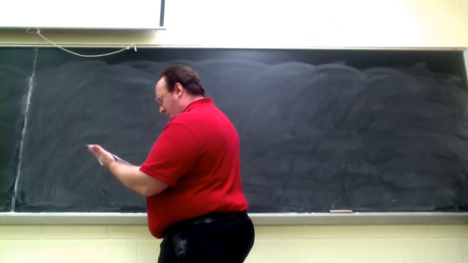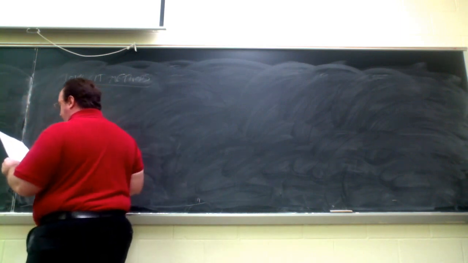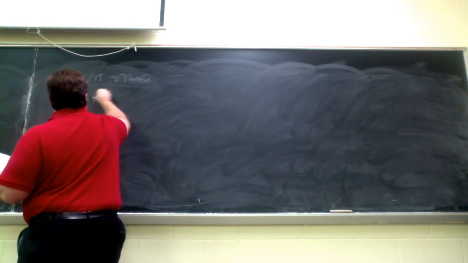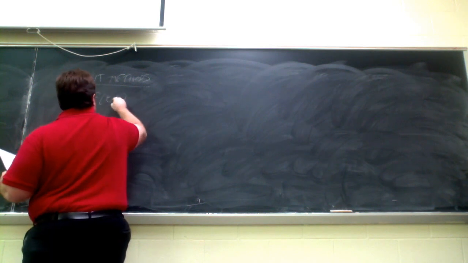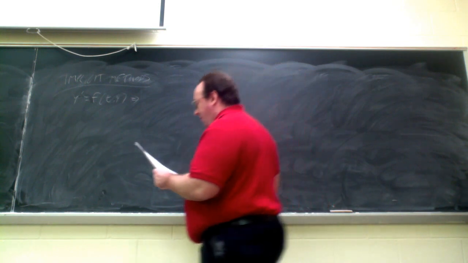Okay. So now I'm going to talk about a very different sort of one-step method: an implicit method. If I have y prime is equal to f of t, y, I can rewrite that by integrating both sides with respect to t.